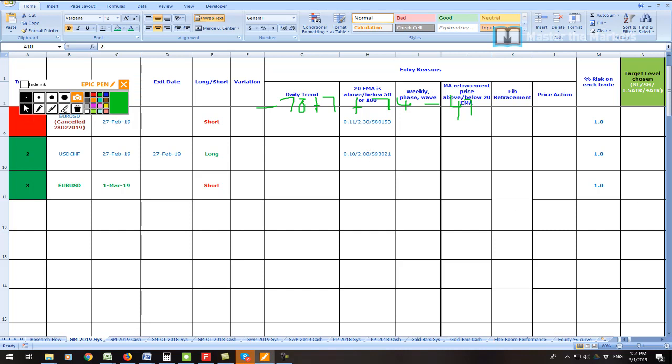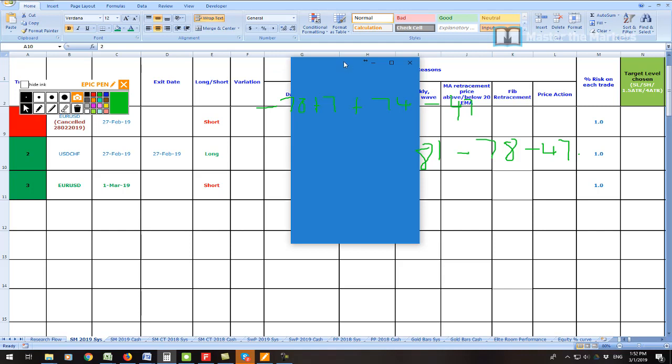So then what we got is minus 78 plus 7 plus 74 minus 47. So plus 7 plus 74 is 81, and then minus 78 minus 47. And what would that be, traders? A bit of arithmetic here for you.